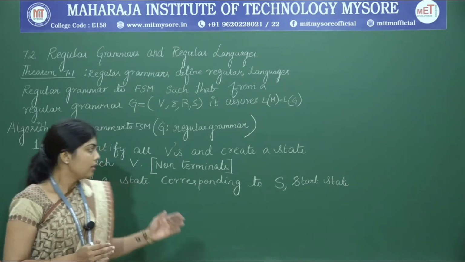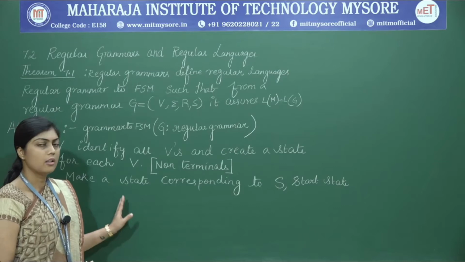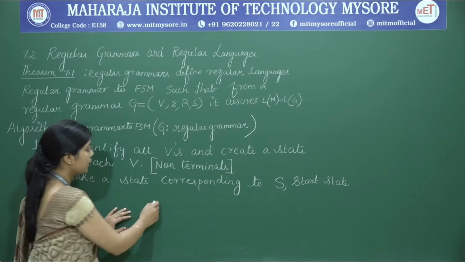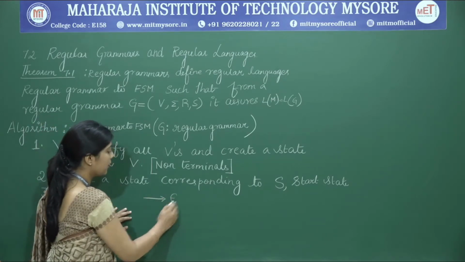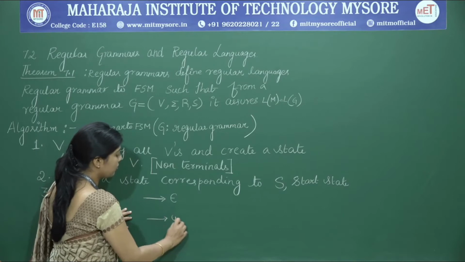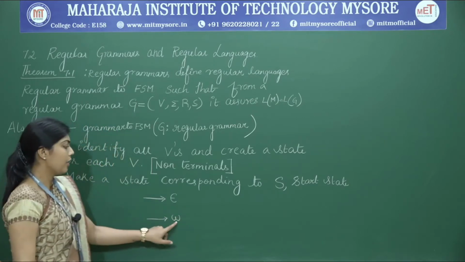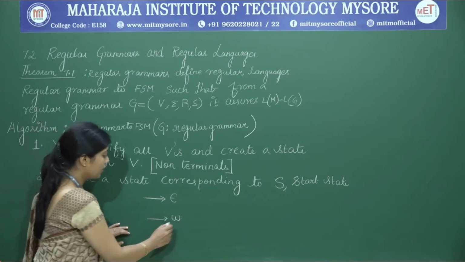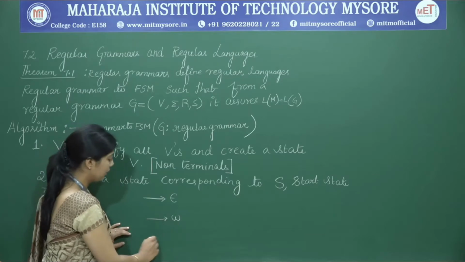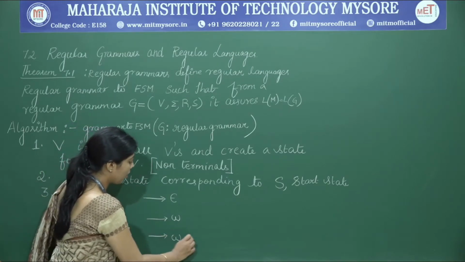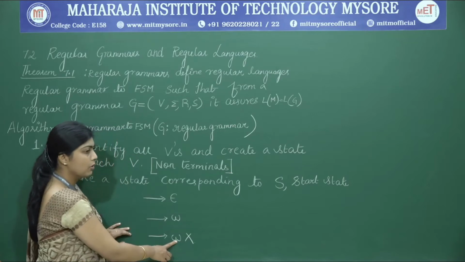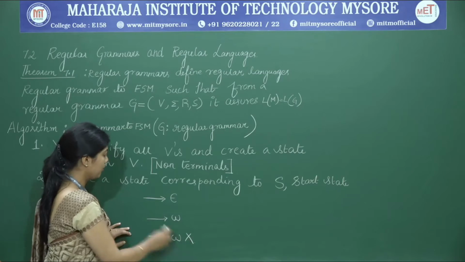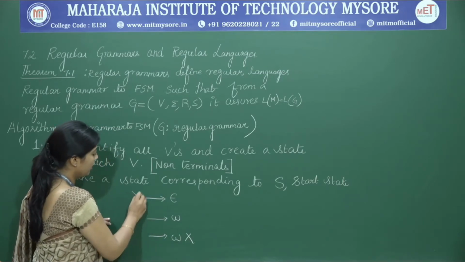The left hand side will always contain a non-terminal, and the right hand side can take 3 forms. First, it can be an epsilon, or it can be a single terminal, or it can be a terminal followed by a non-terminal. On the left side I am going to put some Y.